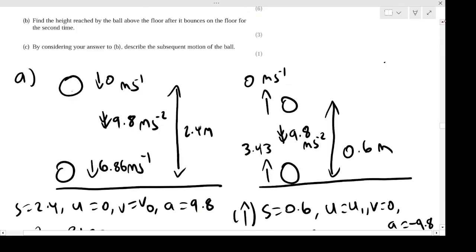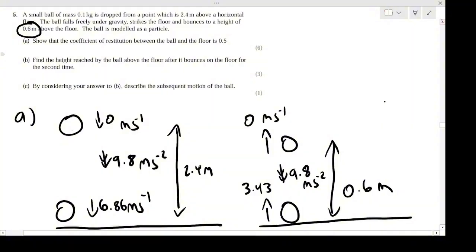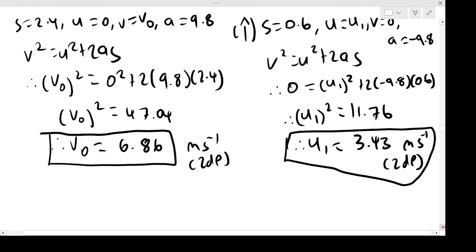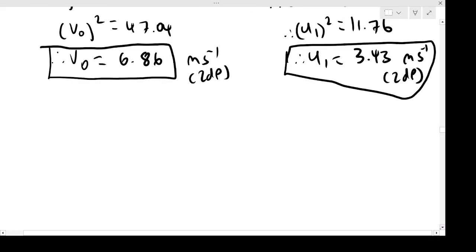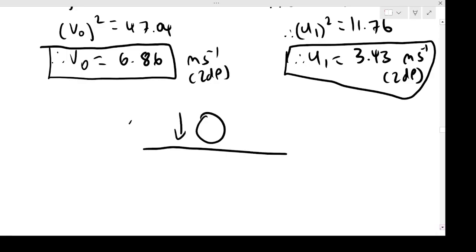Okay, so what do I need to do? I need to work out the coefficient of restitution. I need to show it's 0.5. So, okay, let's consider when it hits the floor. Okay, so it hits the floor with speed 6.86 here. Okay, then it bounces up with speed 3.43.